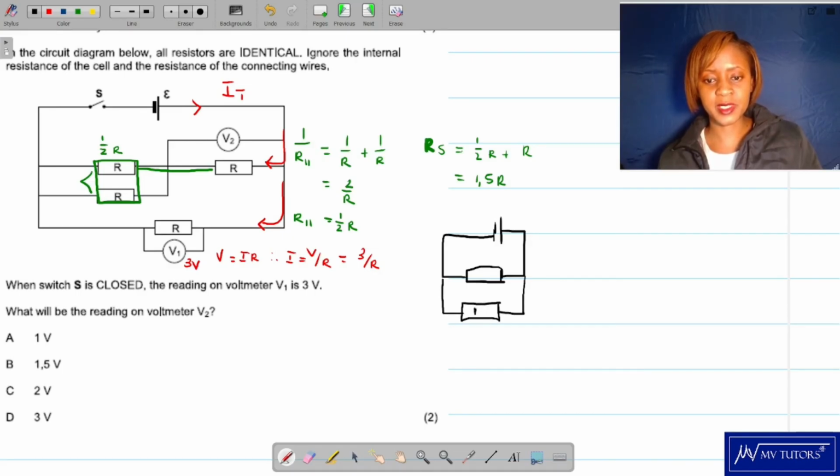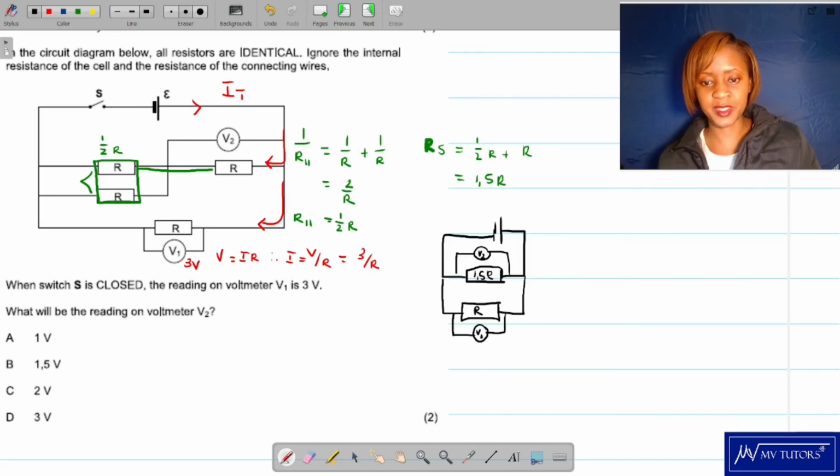So this is my resistor R, and that's my resistor 1.5 R, and around it I have my voltmeter there, so that's V1, and on top of this one I have my voltmeter, it'll actually be over the whole thing, V2.